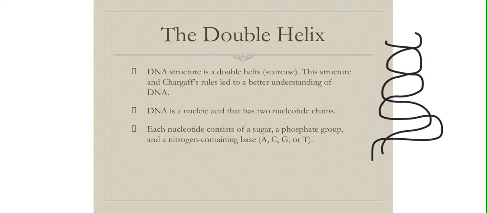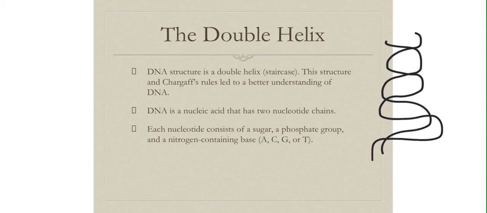Either way, we know that DNA is a nucleic acid and that it has 2 nucleotide chains. And what that means is that there's like 2 bands, and those twist around to make that staircase look. Now, each of these nucleotide chains is made up of individual nucleotides. And all of those individual nucleotides have a sugar, a phosphate group, and a nitrogen-containing base, those A's, C's, G's, or T's.